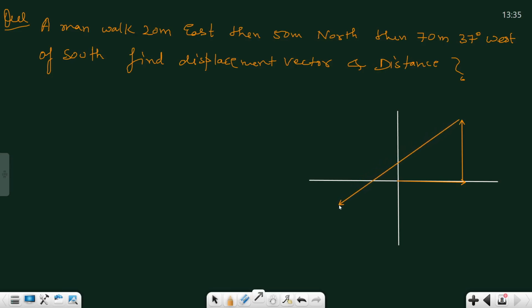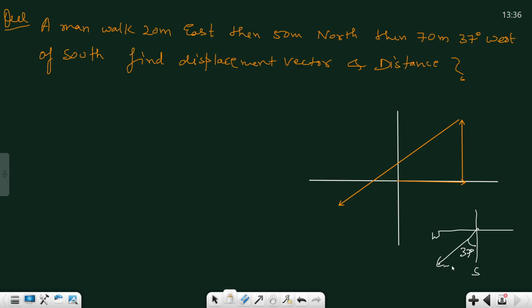It may be like this, कैसा भी हो सकता है. I'm just drawing a rough diagram. And what about 70 meter? So 37 degree west of south. So we just need to calculate this direction vector.